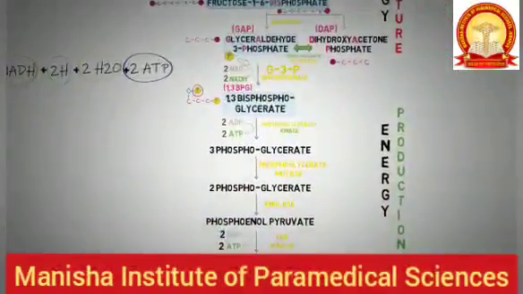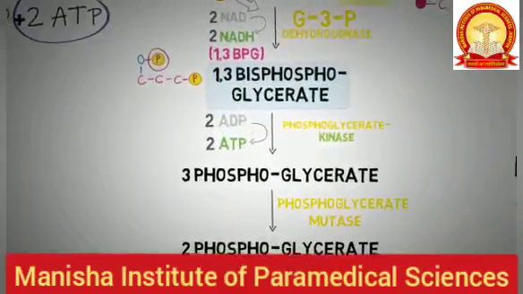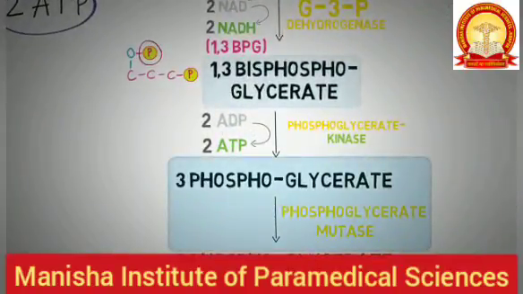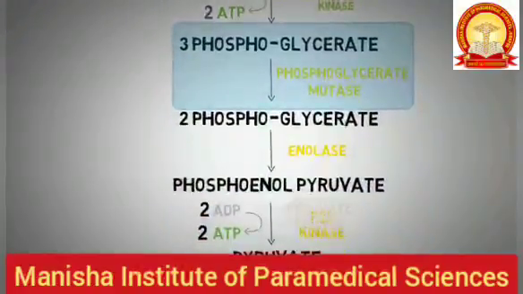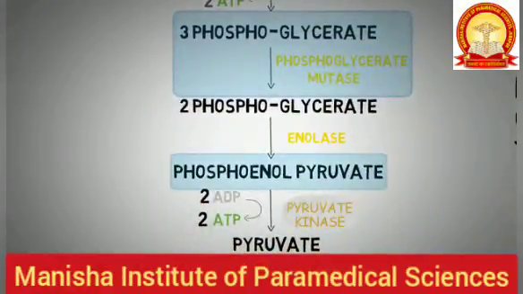In the energy generation phase, how many ATPs are produced actually depends upon whether oxygen is available or not. Let's first suppose oxygen is not available. In this case, there are only two sites of energy generation in this pathway. One site is here when 1,3-bisphosphoglycerate is converted to 3-phosphoglycerate, and one site is here when phosphoenol pyruvate is converted into pyruvate.